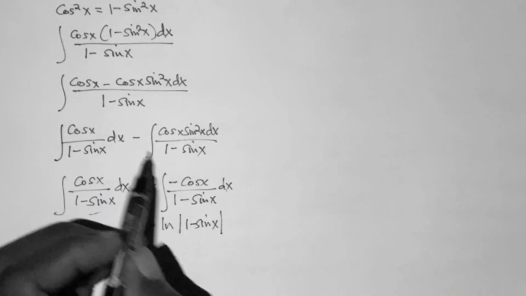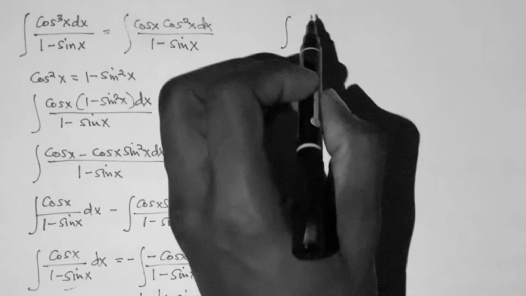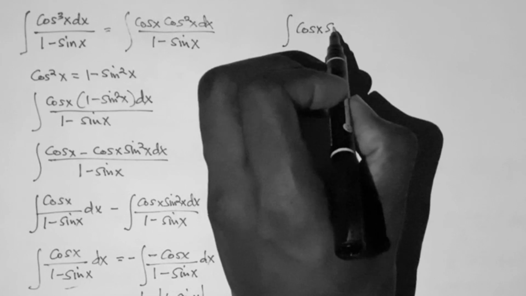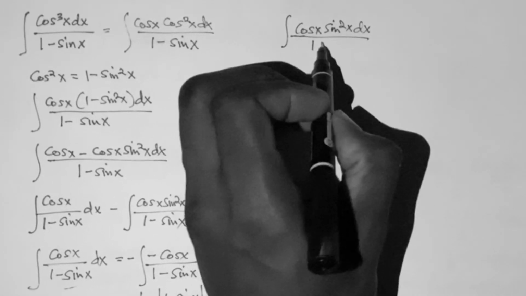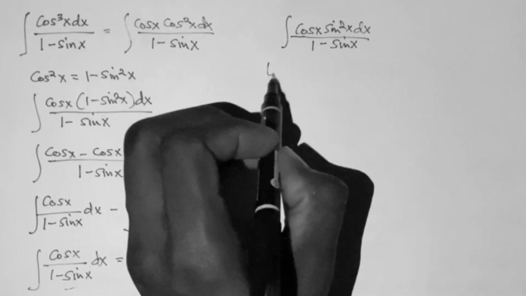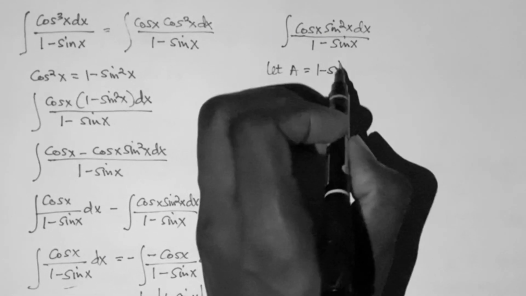Now, let's evaluate this one. This is the integral of cos x sine squared x dx divided by 1 minus sine x. So let a be equal to 1 minus sine x.